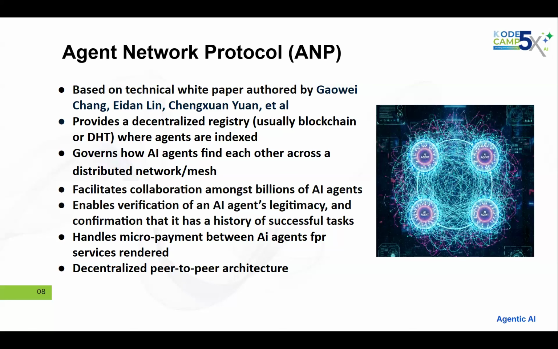Of course, the architecture is decentralized peer-to-peer, just like blockchain. Any question? That's actually the last of the protocols that we had to talk about today.